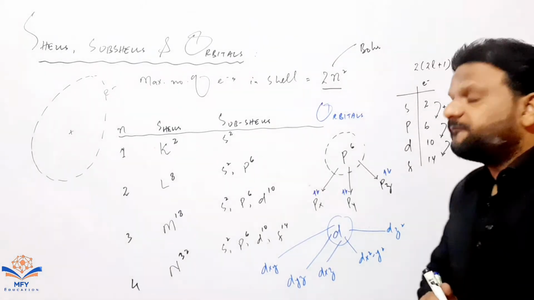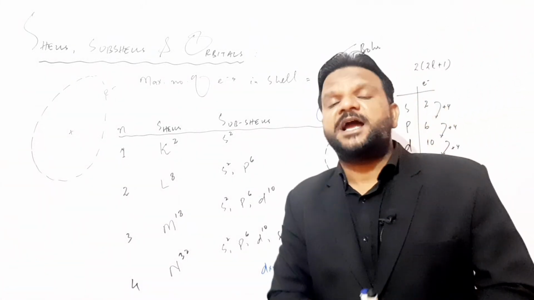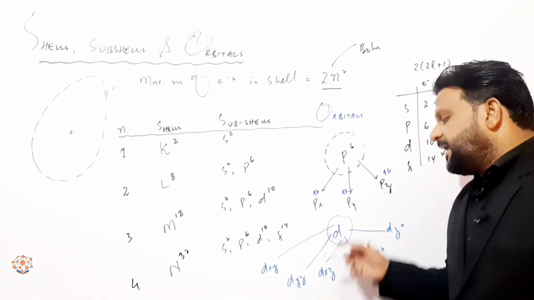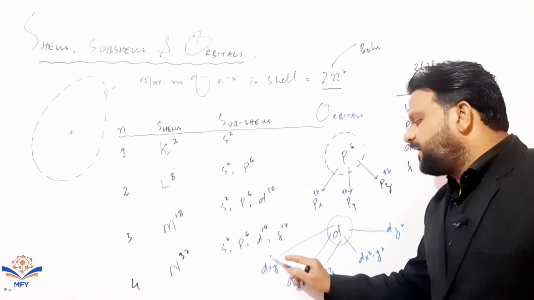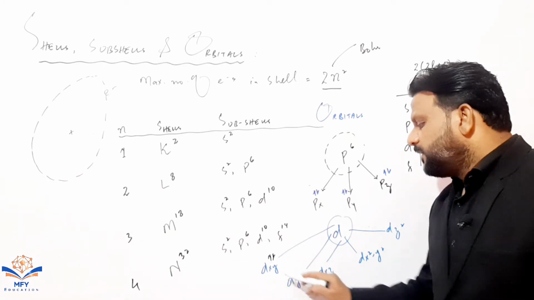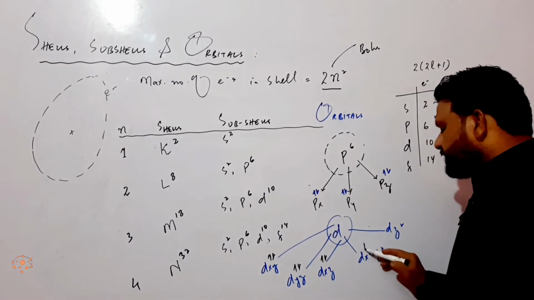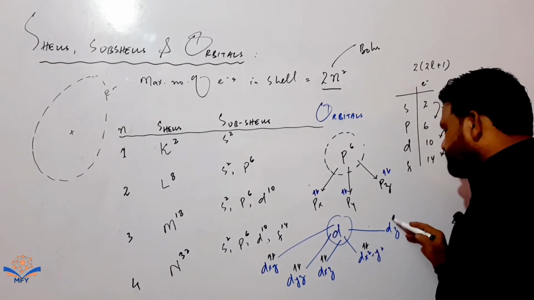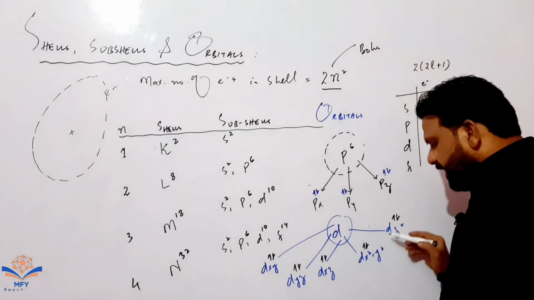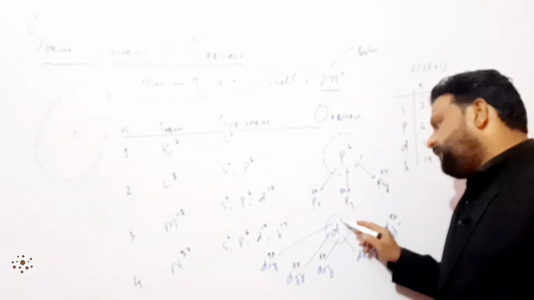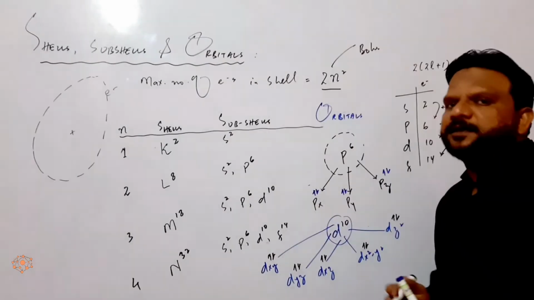D contains 5 degenerate orbitals, that is 5 orbitals of the same energy, and each orbital contains 2 electrons: dxy 2 electrons, dyz 2 electrons, dxz 2 electrons, dx square minus y square 2 electrons, dz square 2 electrons. By the addition of all 5 orbitals of 2 electrons, we find the maximum d contains 10 electrons.